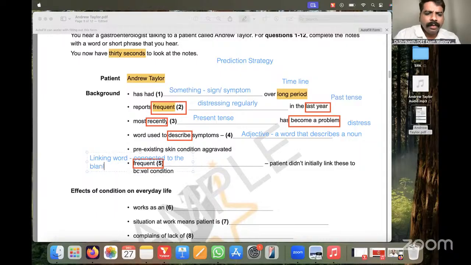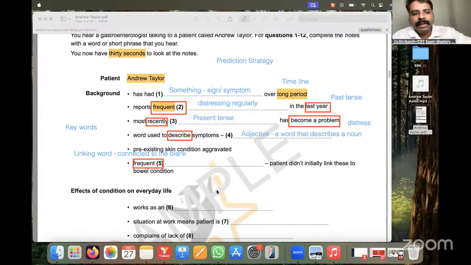So the linking words are extremely important because the linking words actually determine the tense. Okay. Whether it is singular, plural, whether it is a noun and all that. Okay. And then we have keywords as well. So we have linking words and we have keywords, and you must be able to identify the keywords very properly. Right. Now, the fifth question: frequent dash. Patient did not initially link these to the bowel condition.